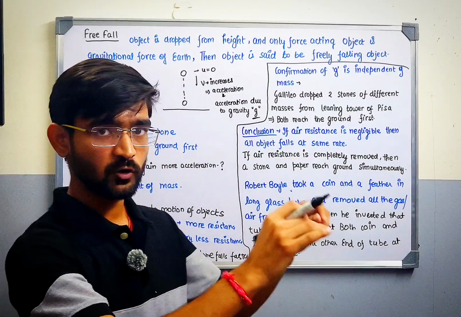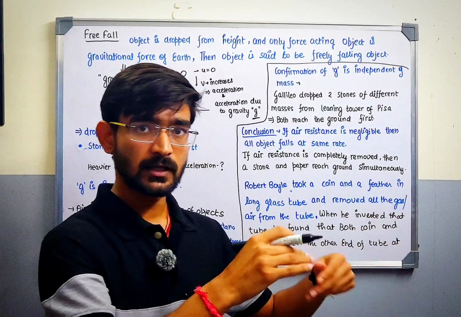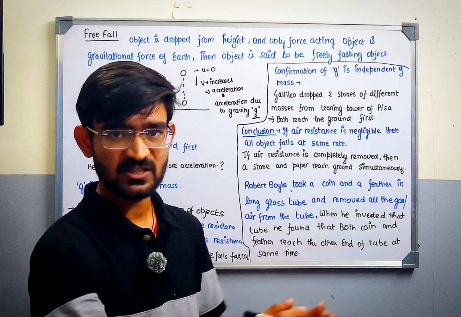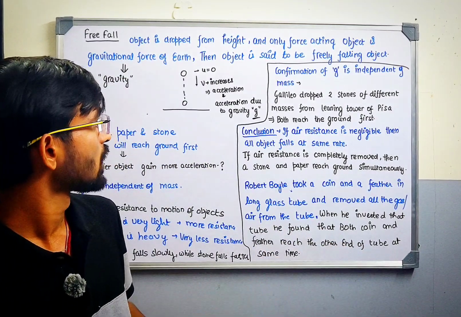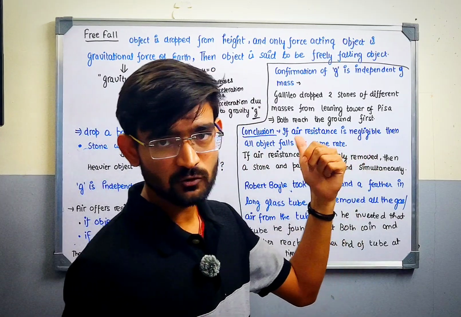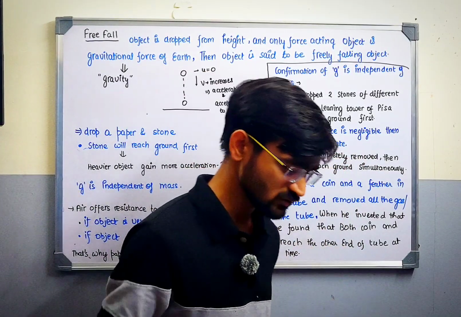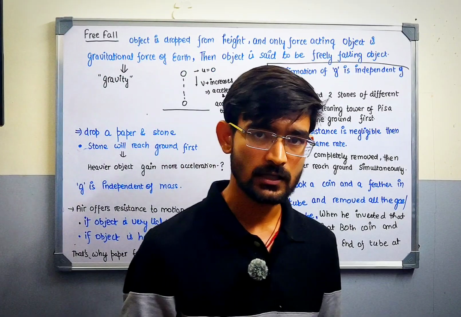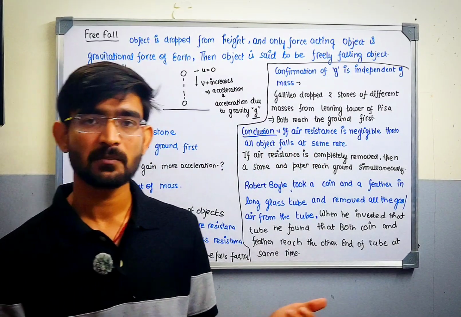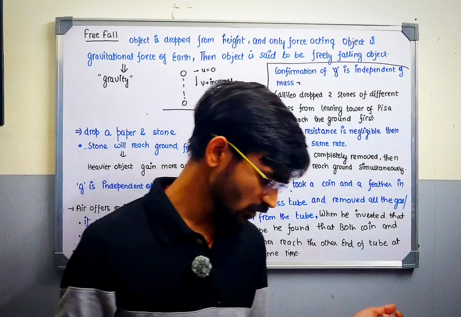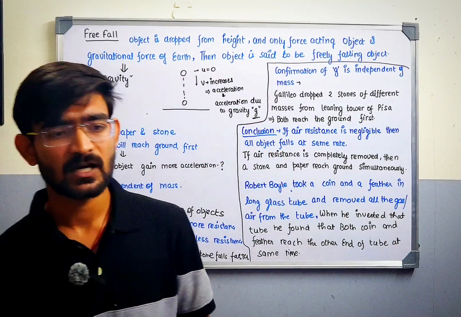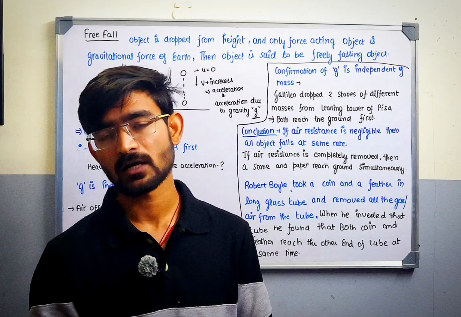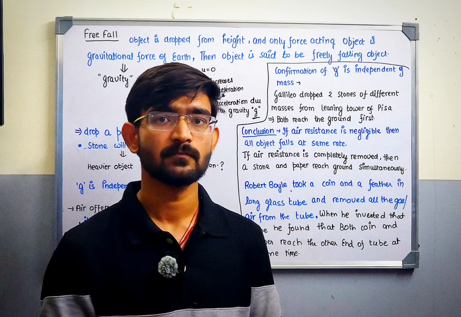If you are dropping both stones from the same height, and acceleration due to gravity is independent of the mass, then they must reach the ground at the same time. When Galileo dropped these two stones, he found that both reached the ground at the same time, so Galileo concluded that acceleration due to gravity is independent of mass. And he also concluded that if you remove the air completely, then a paper and a stone will also reach the ground at the same time.